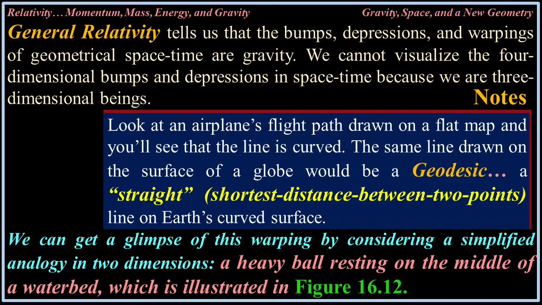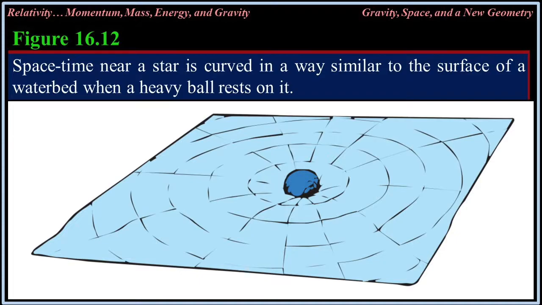A heavy ball resting on the middle of a waterbed, which is illustrated in figure 16.12. Figure 16.12, space-time near a star is curved in a way similar to the surface of a waterbed when a heavy ball rests on it.